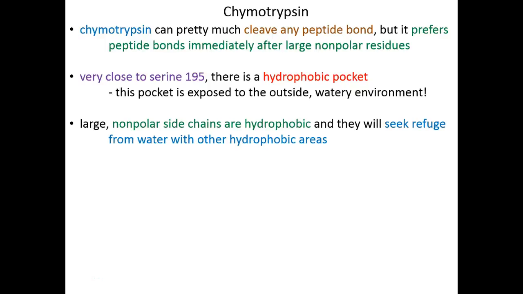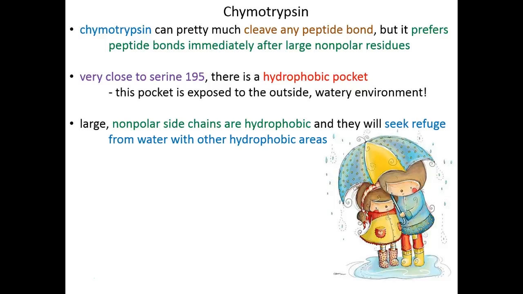Large nonpolar side chains in substrate molecules are also unhappy if they are exposed. These large nonpolar side chains in the substrate molecule will seek refuge, in air quotes, and will interact with the hydrophobic pocket of the chymotrypsin active site.